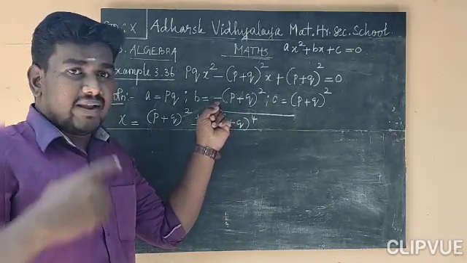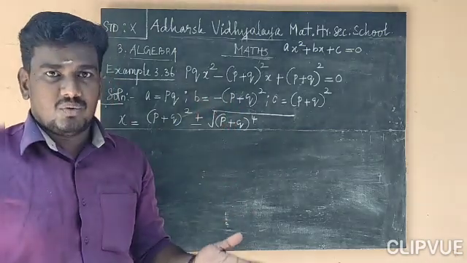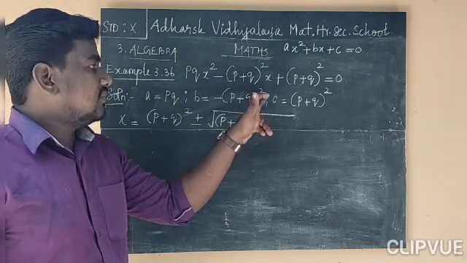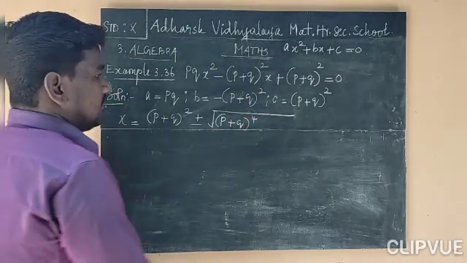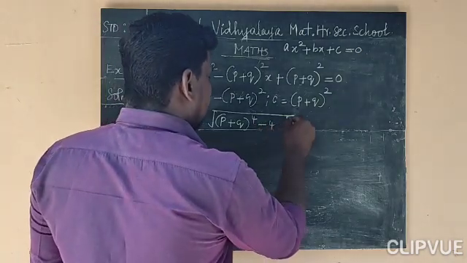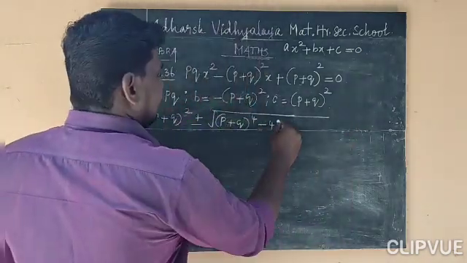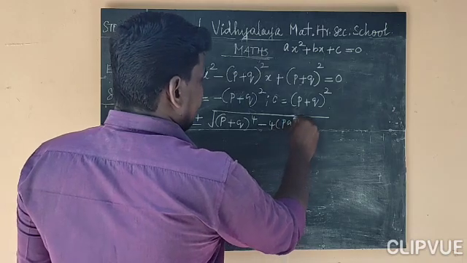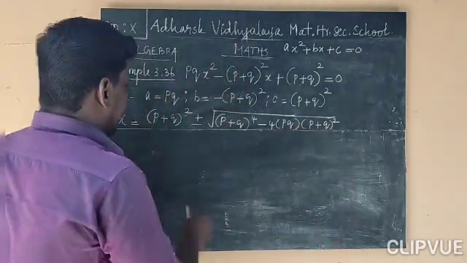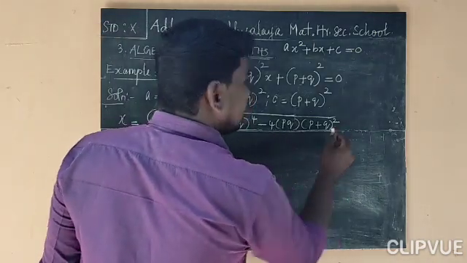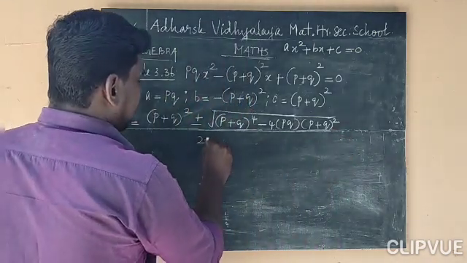When we find square of minus, it becomes plus, you know that. So when we take square for this one, it becomes p plus q whole power 4, minus 4ac. A is pq and c is p plus q the whole square, whole divided by 2 into pq.